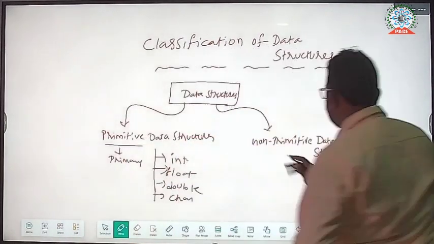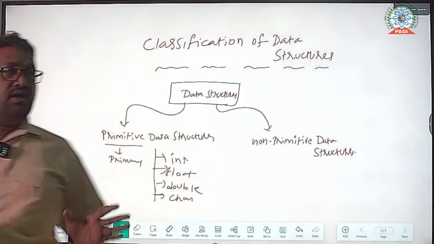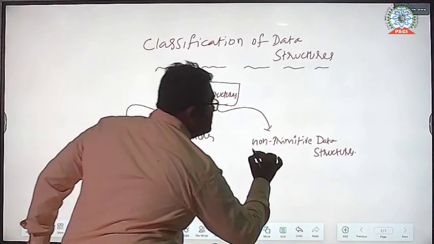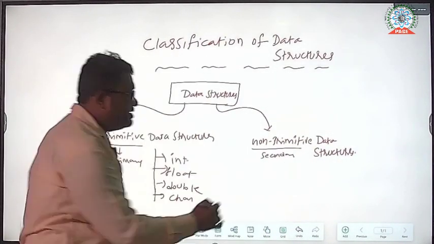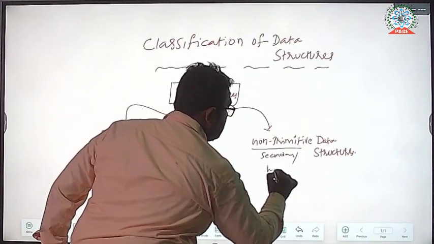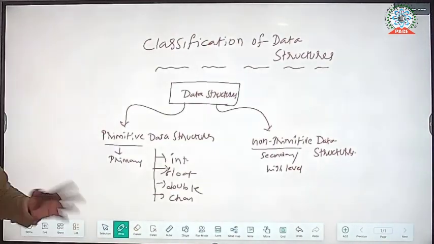The second one is non-primitive data structures. Here non-primitive is nothing but secondary, or somewhat high level. That means we use them in high-level programming mechanisms.